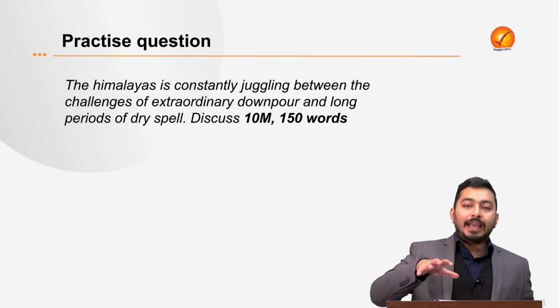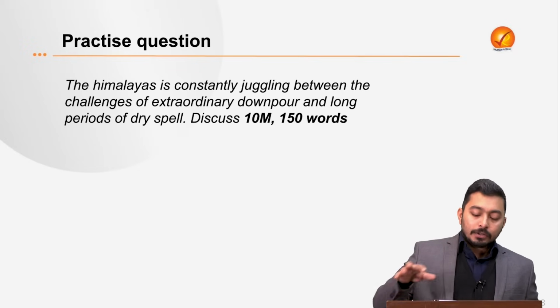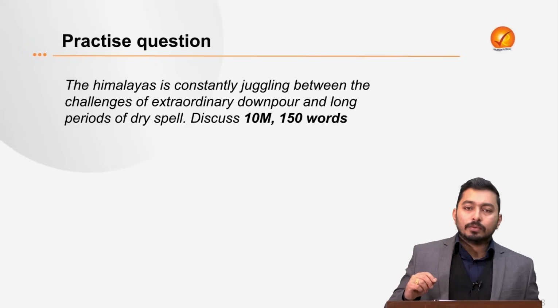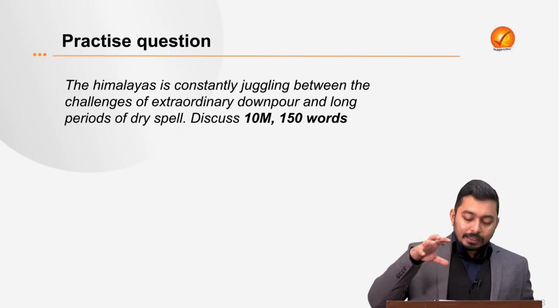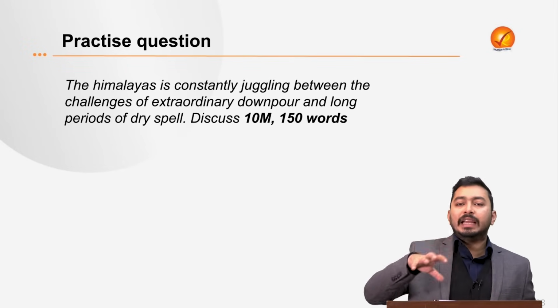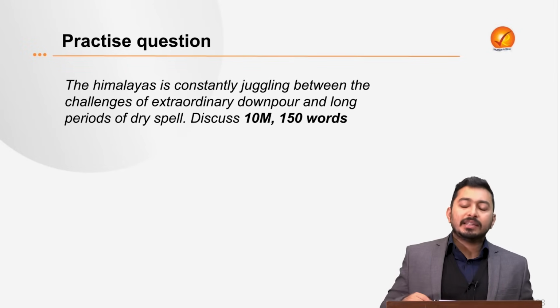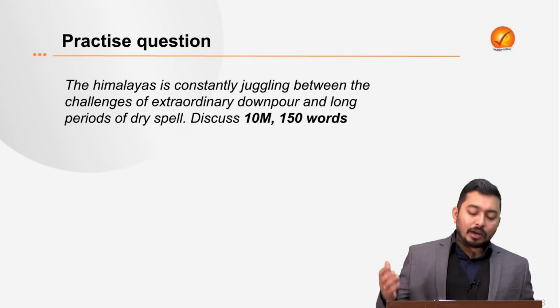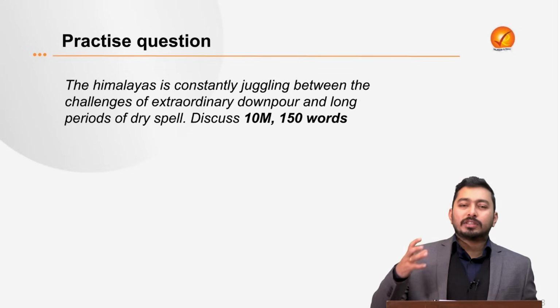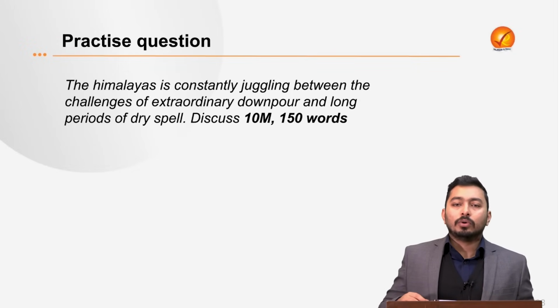So are we not looking at the dry spell right now? Yes. So it is juggling between these two. So the fragile Himalayan ecosystem is constantly being tested these days, and simultaneously we have a lot of hazards. So discuss, a 10 marker. Write it down, try to write and submit it in your comments. Try to do it for once. I will personally go through your answers.